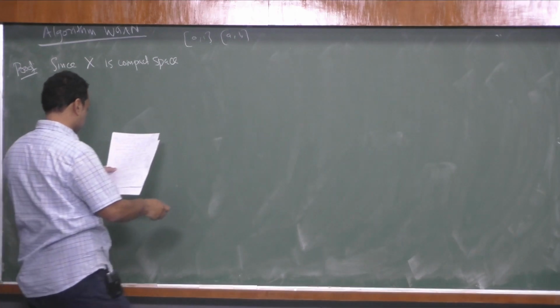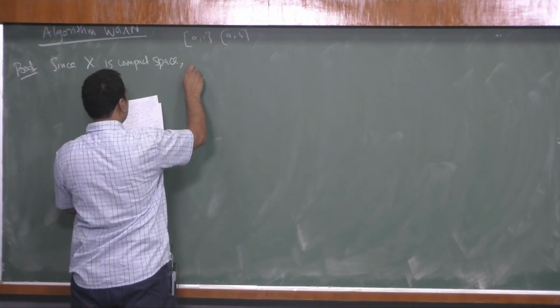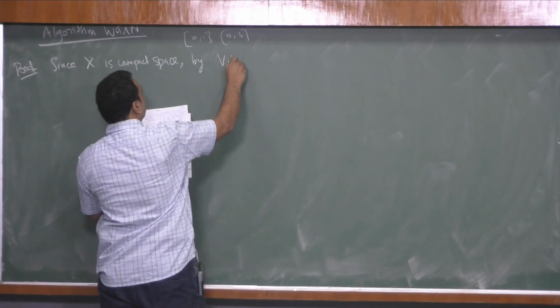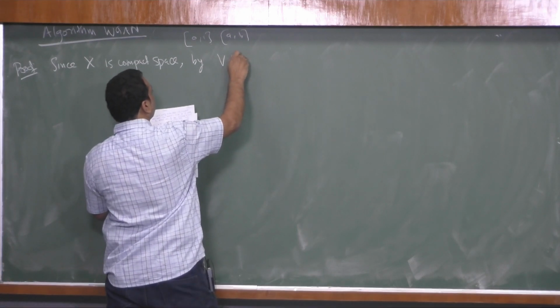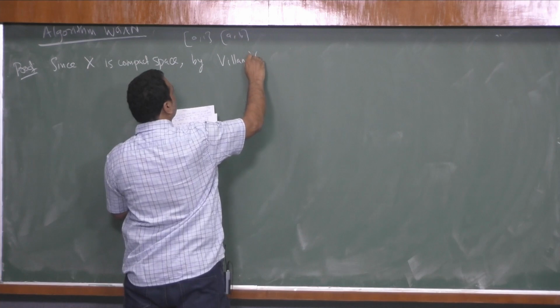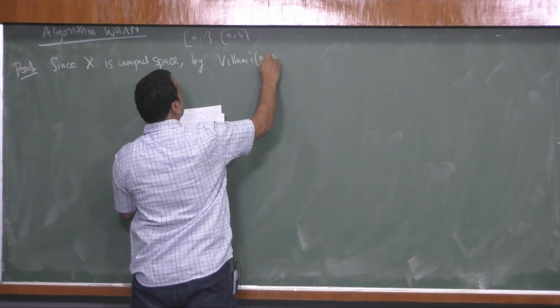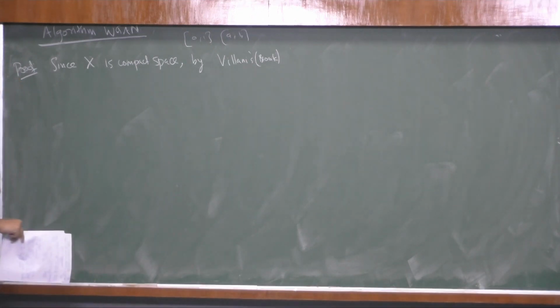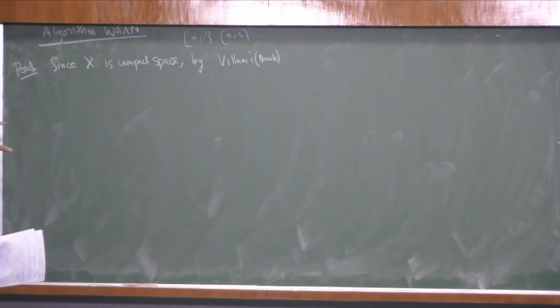So since X is a compact space, by Villani's, Cedric Villani, the book that I told you about, the optimal transport book, from there the existence of f star for the Kantorovich max over Lipschitz functions is guaranteed.